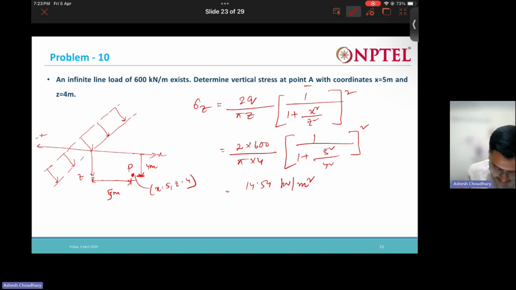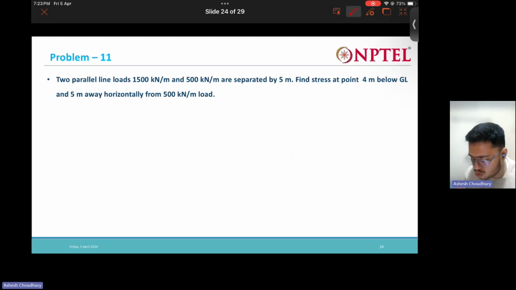Now the next problem is the same, but now we have two parallel line loads. So try to solve this problem. I will give you some time. The same expression you have to use, just a little different. The similar problem you have solved already.